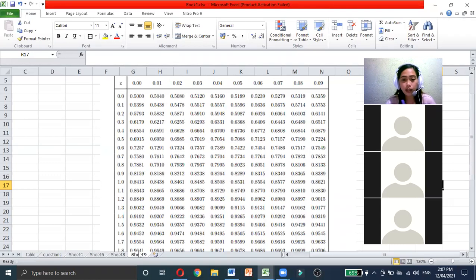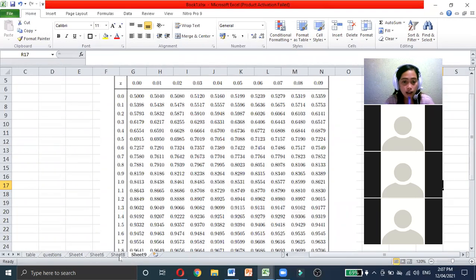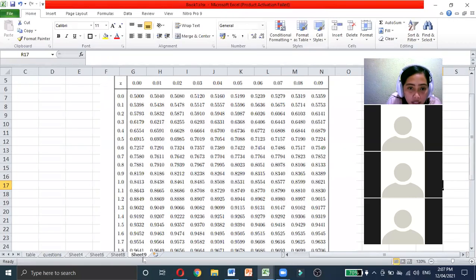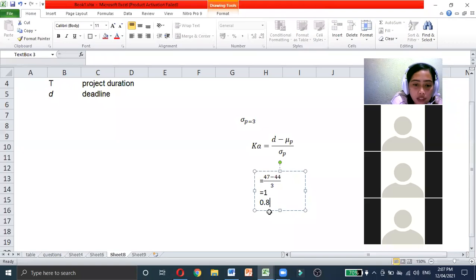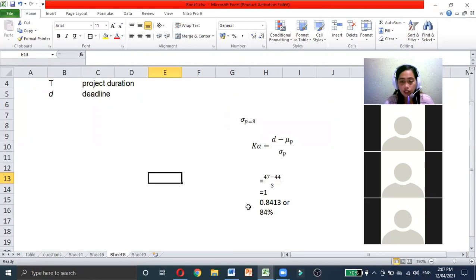Since what we got here is 1, we put 84%. Let's copy that: 0.8413, or 84%. So number 7 is done, which is 84% probability to finish the project.